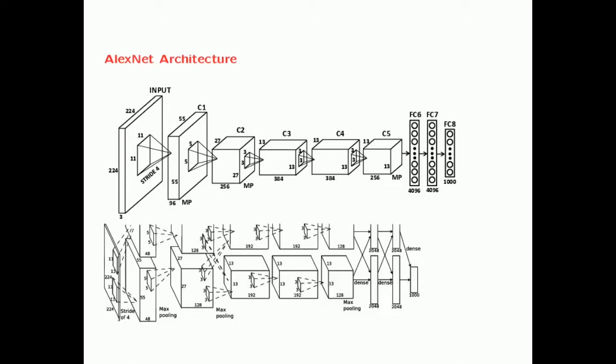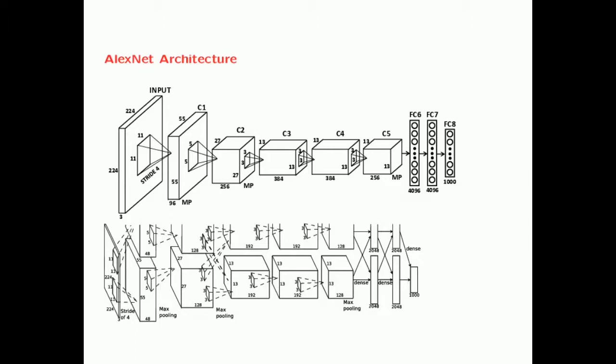So as you can see, the first layer uses 11 cross 11 convolutions at a stride of 4. Obviously that reduces the spatial footprint very significantly, because you start off with 224 cross 224 cross 3 images and suddenly you get spatial footprints of only 55 cross 55. However, since 96 filters are used in the very first set of convolutions, you get a depth of 96.